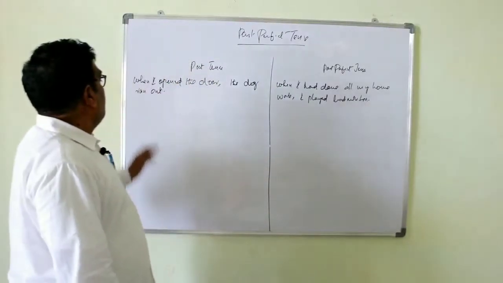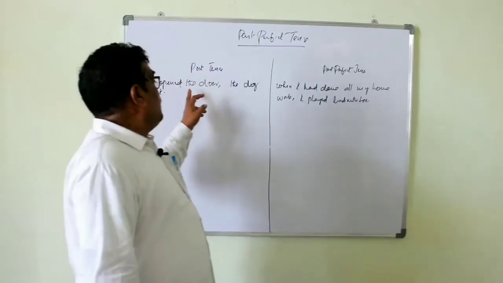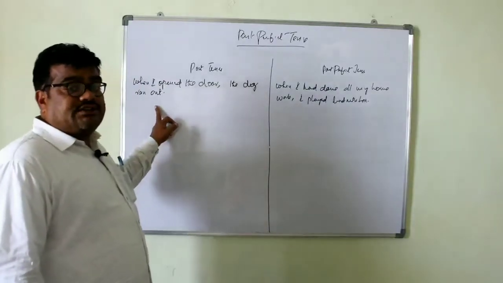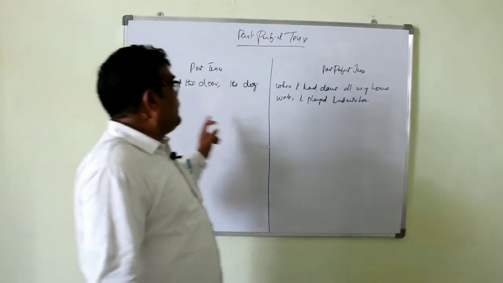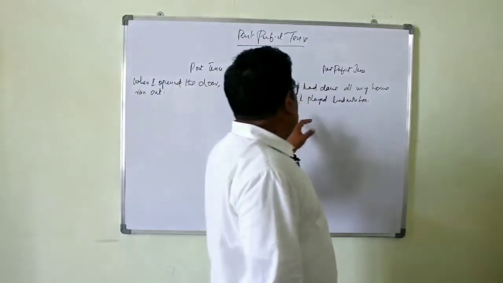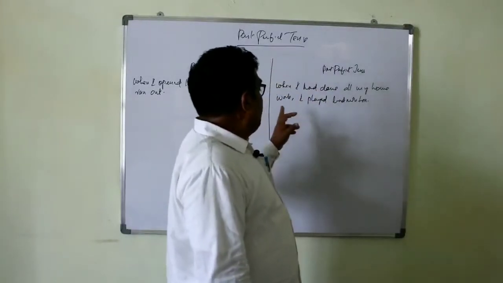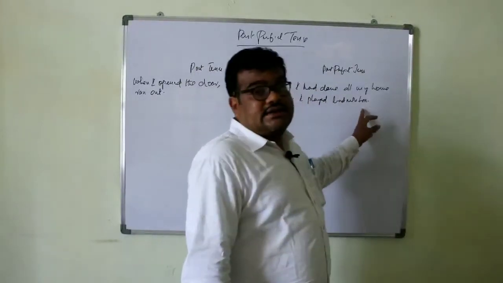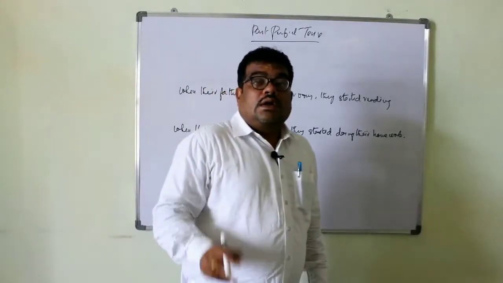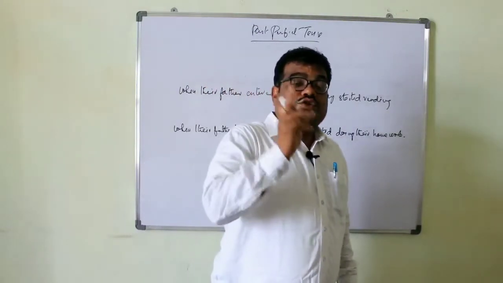Another example, in past tense: when I opened the door, the dog ran out. Here, both actions occur very closely. See this example: when I had done all my homework, I played badminton. Here, after the first action completed, the second action started. When two actions took place in the past, a when clause can be used.